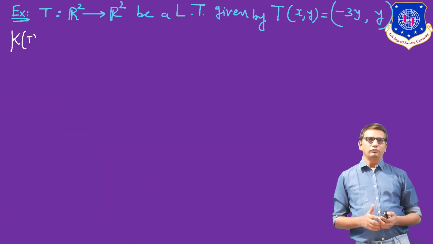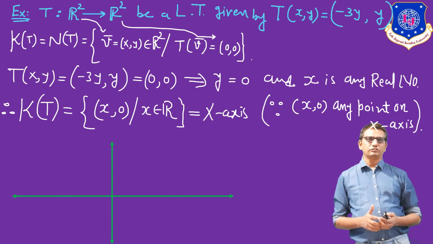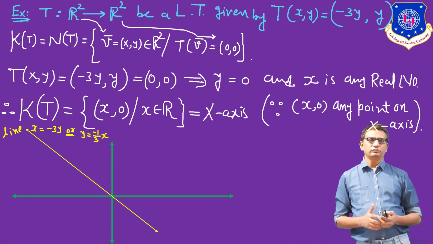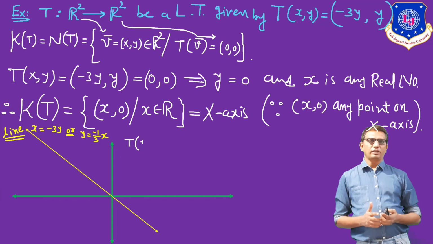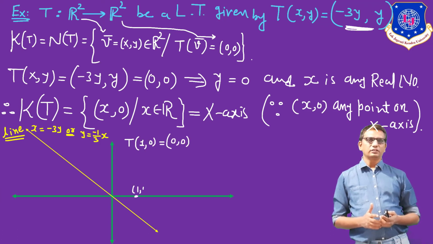So now we will see another example like this. Here kernel of T is this, and we will understand the geometrical concept. Here we have the line x equal to -3y, which is like this, or y equal to -1/3 x line. Now we take some points on the x-axis like (1, 0), its answer is (0, 0).